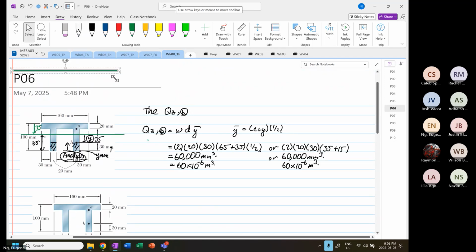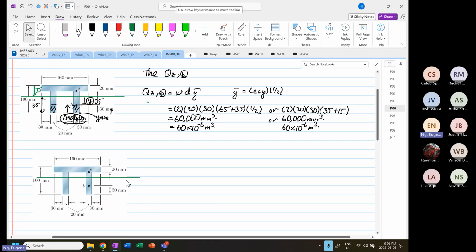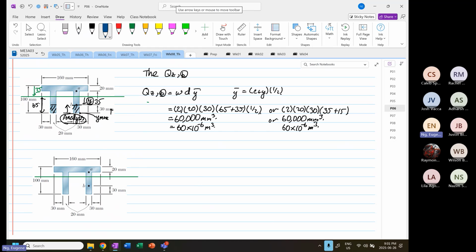So now we know that our geometric center is here. Okay. And then the distance from here to here is 35.